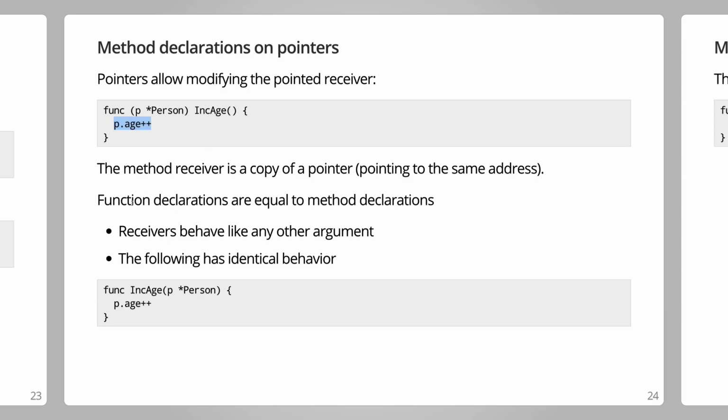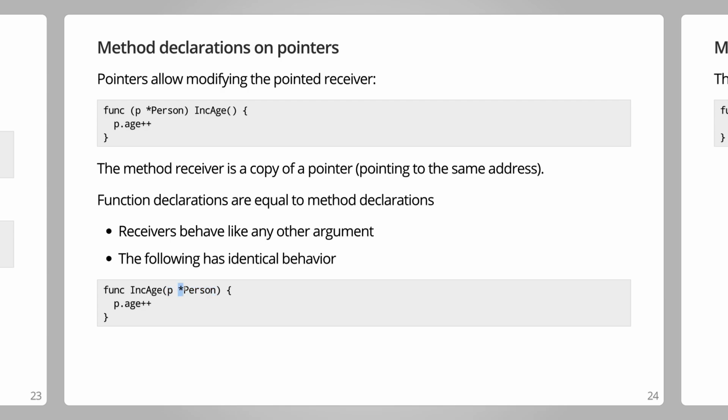So these function types like this are really equivalent to doing something like this. This method does not have any input arguments, but it's the same as moving the receiver here as the first argument to this inc age function.